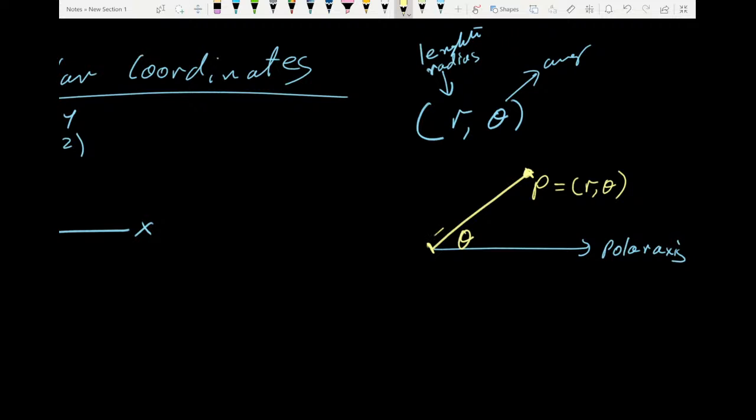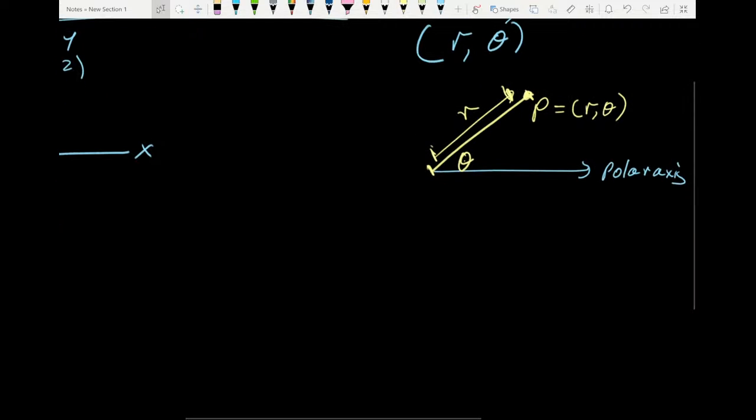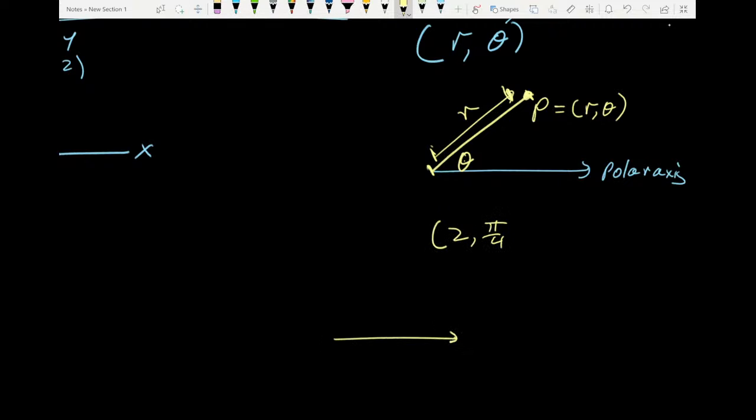Then this length is called r, and this is theta. So if I'm looking at the point (2, pi over 4), the angle pi over 4 is right over here, and this length is 2. So that's my point (2, pi over 4).